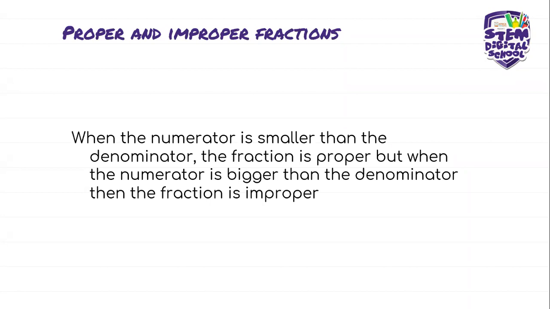Simply put, if the numerator is smaller than the denominator, the fraction is called a proper fraction. But if the numerator is bigger than the denominator, then we are talking about an improper fraction. So there's a distinction between a proper fraction and an improper fraction. Those are the two different fractions, also known as common fractions.